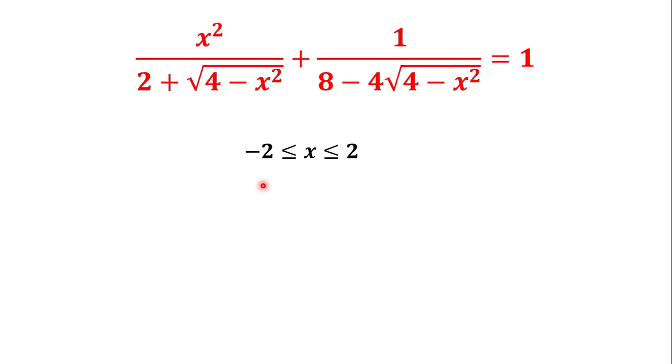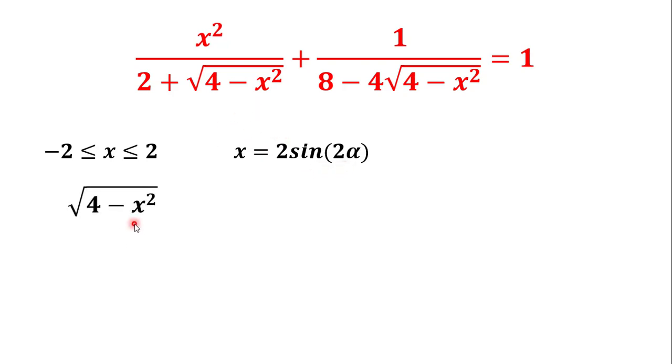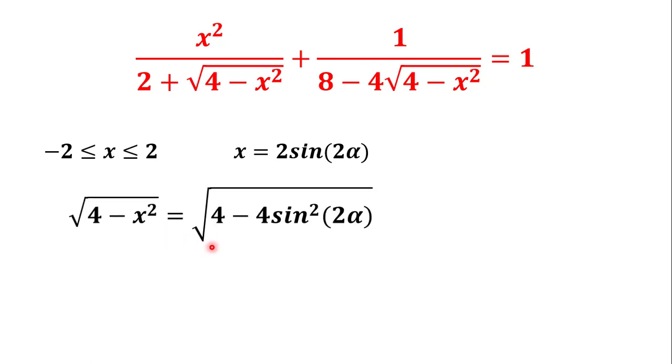In the next step, we put x equals 2 sine of 2 alpha. By using the trigonometric identity, we can remove the radical term. If we replace x by 2 sine of 2 alpha in the radical term, we're going to get radical 4 minus x squared equals the square root of 4 minus 4 times sine squared of 2 alpha.